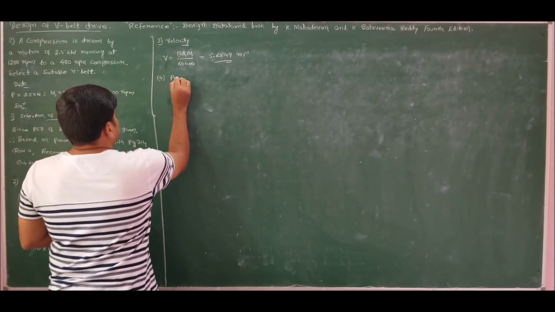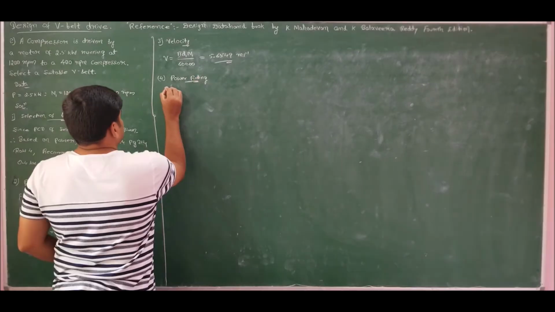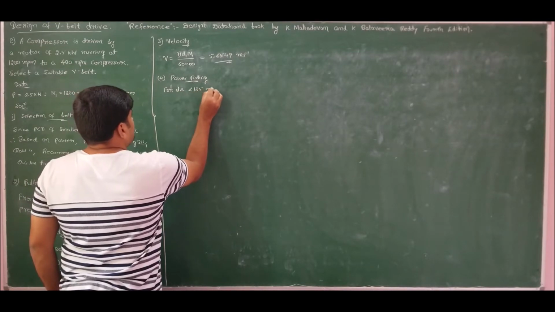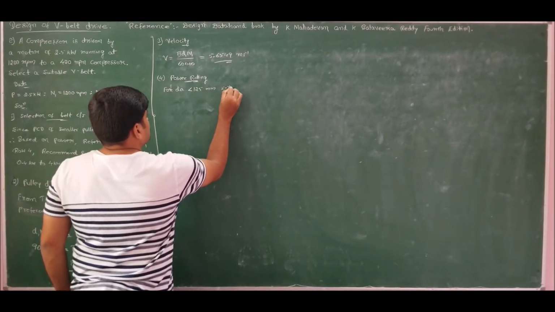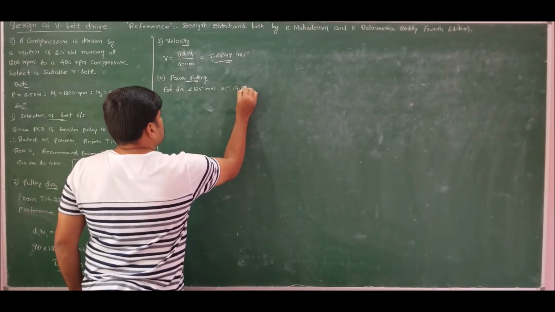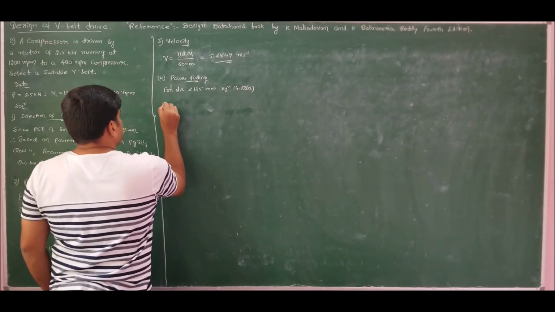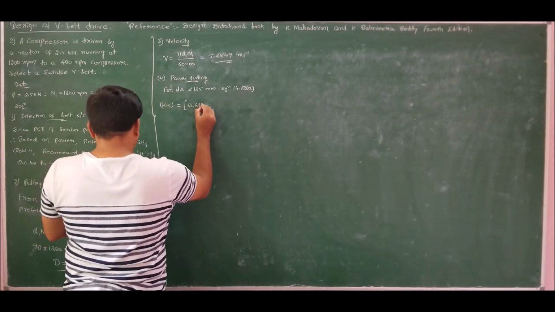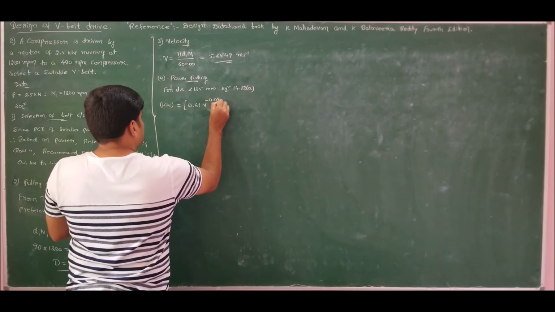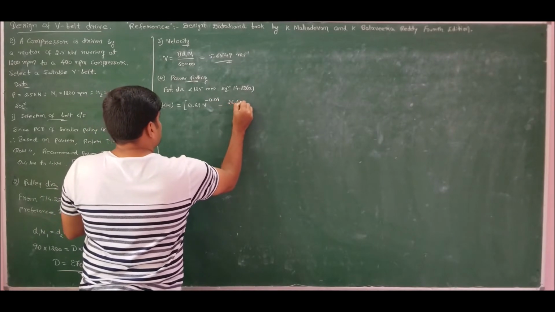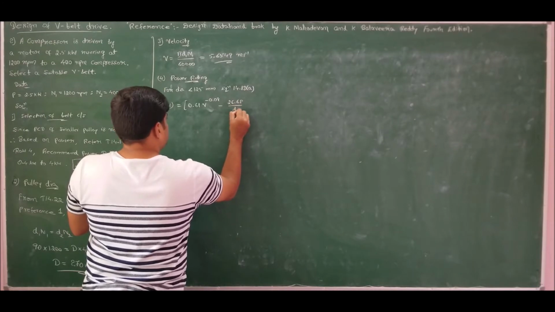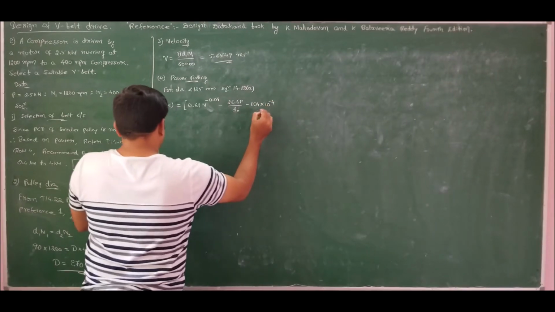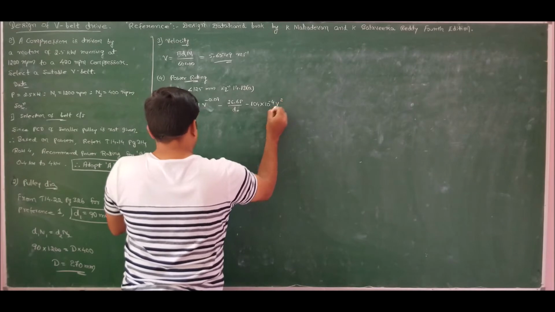In step 4, that is power rating for diameter less than 125 mm, referring to equation 14.13a, we have power rating in kilowatts equal to 0.61 v to the power of 0.09 minus 26.68 divided by equivalent diameter minus 104 into 10 to the power of minus 4 v squared.